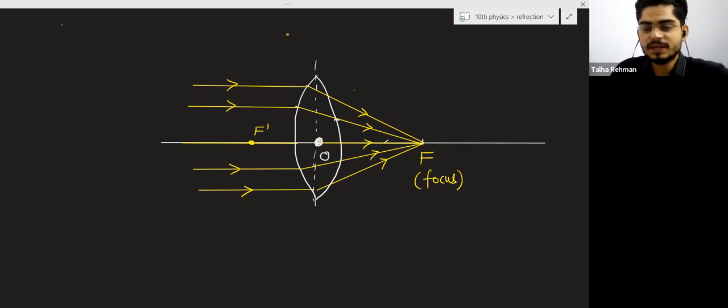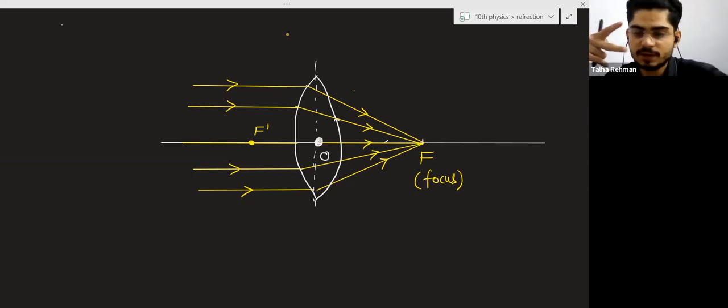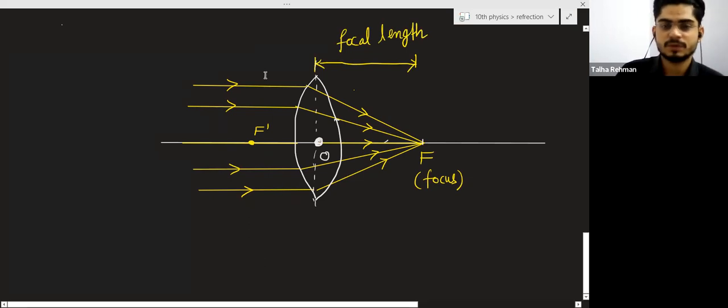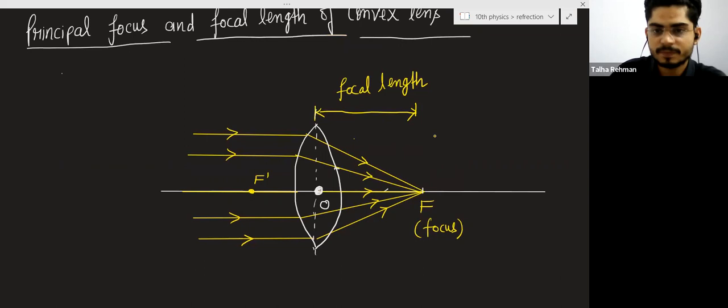And remember that in case of lens, there are two focus. There are two focus, and this distance between this optical center and this focus is known as the focal length. Distance between the optical center and focus is known as the focal length, and this focal length is represented by small f.